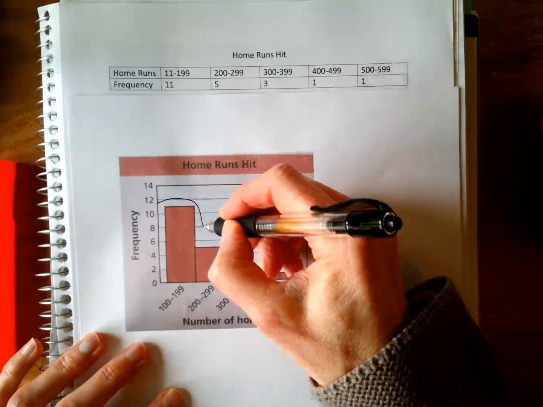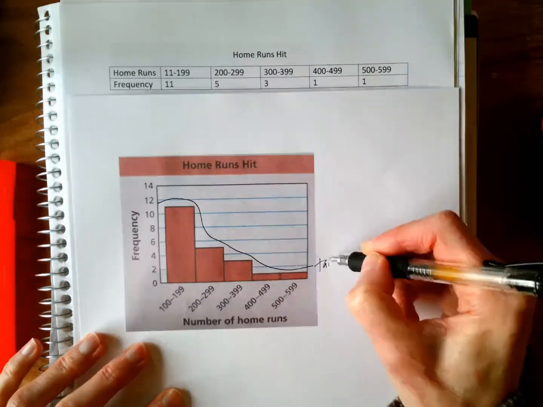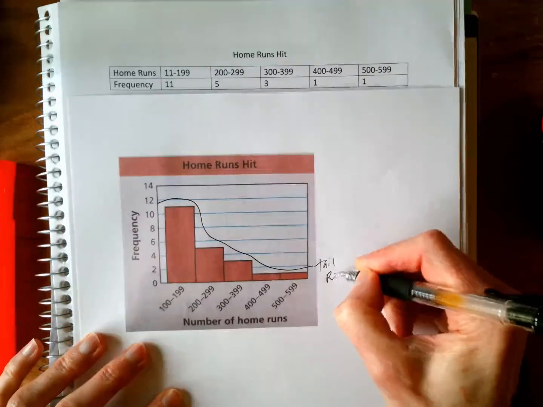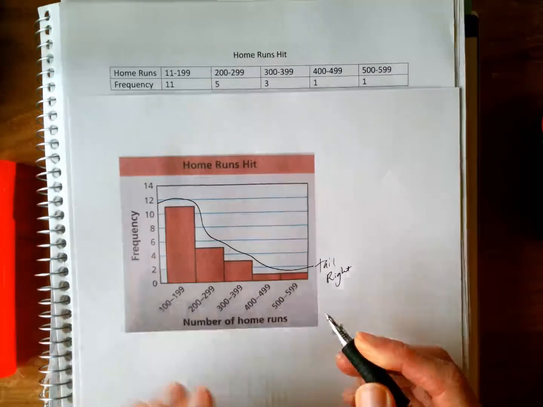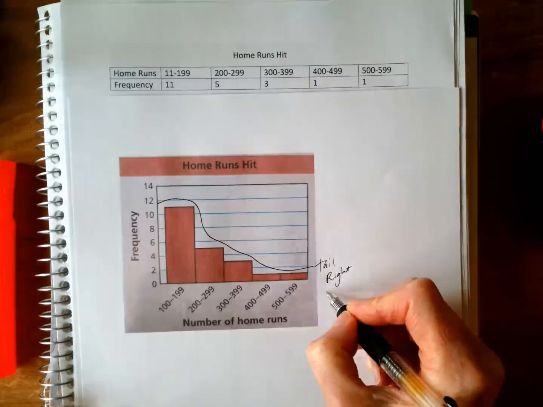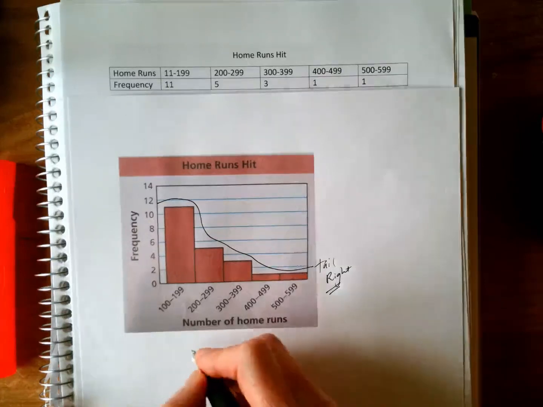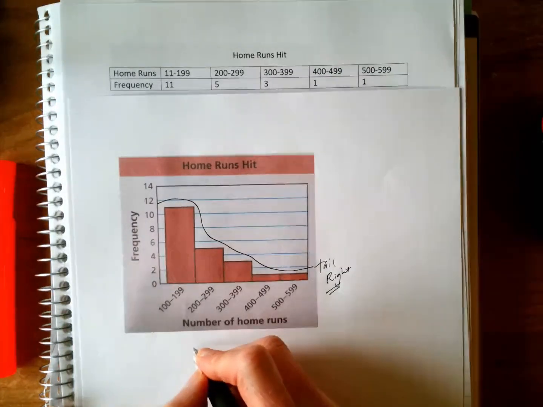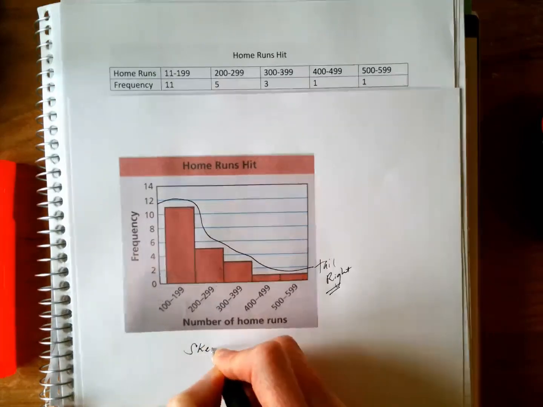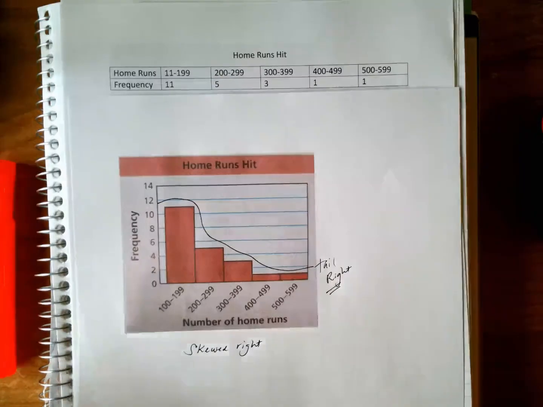So I go from the top and just kind of extend this down. My tail is extending off to the right, and most of my data is clearly on the left. But remember, we name it based off of where that tail extends, and it's extending off of the right. And so this one is a skewed right graph.